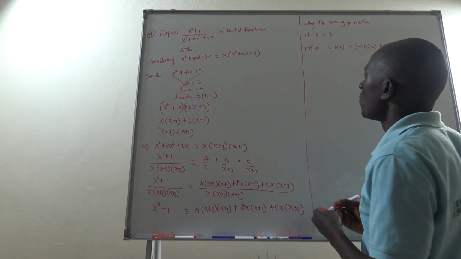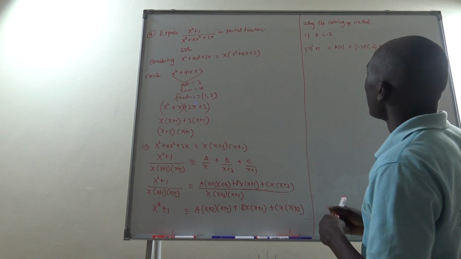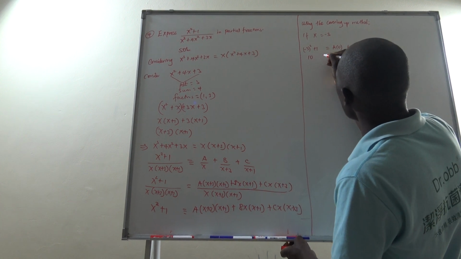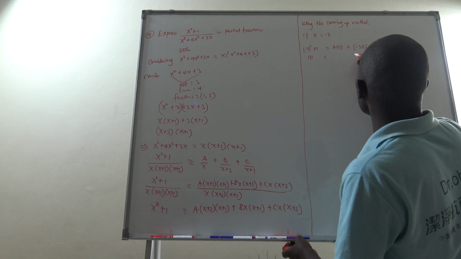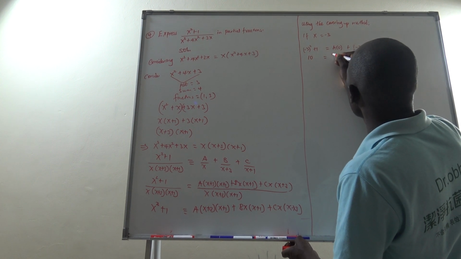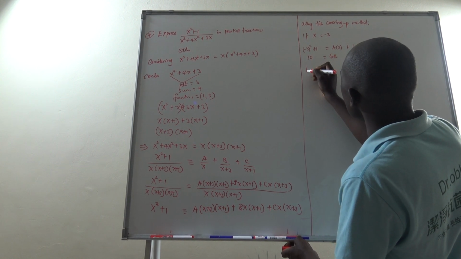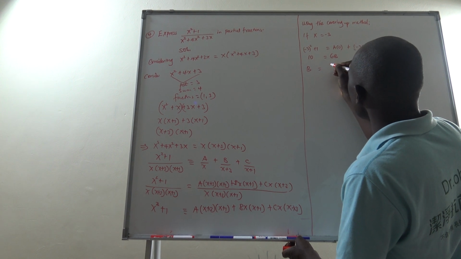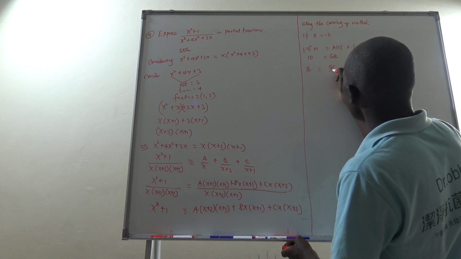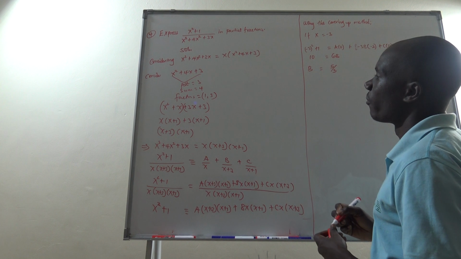So negative 3 squared, we are getting 9, and 9 plus 1 we come out with 10, which is equal to, this times this, 6B. So B alone equals 5 out of 3.